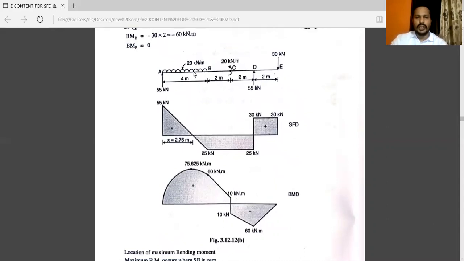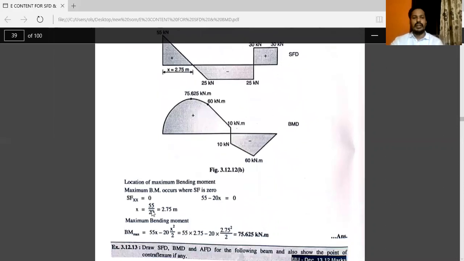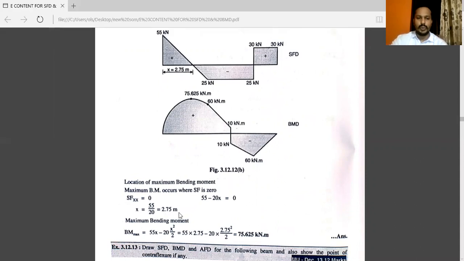So here shear force is equal to 0. So 55 is moving upward, minus 20 into, we don't have this distance, that is x. So 20 into x is equal to 0. You will get the answer x is equal to 55 upon 20, that is 2.75. So this distance will be 2.75.